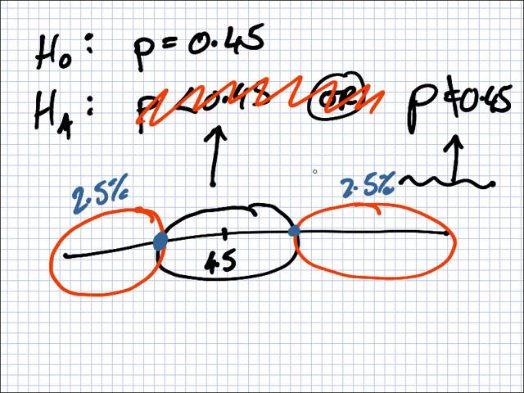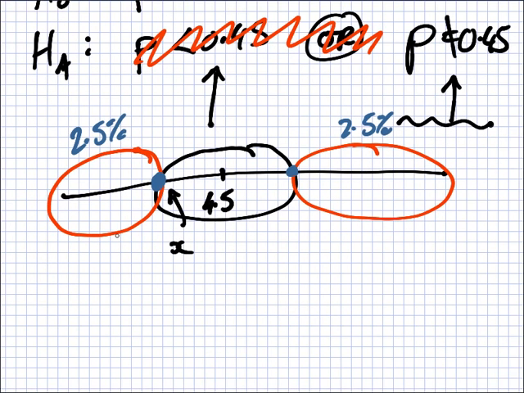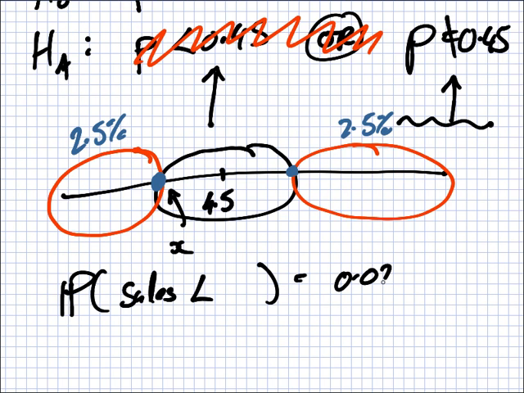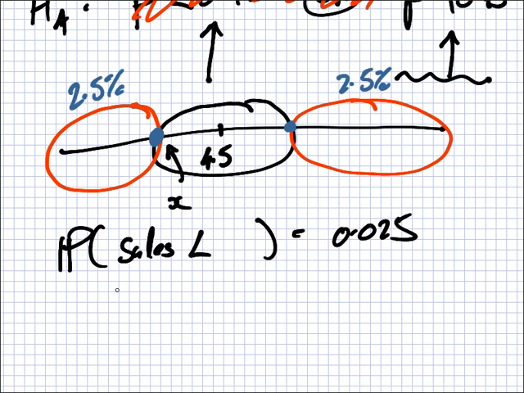Okay, and we try and work it out. I'll get this one first, I'll call it x. We need the probability that the number of sales is less than some number so that the answer is 0.025. So we have to go to our table book.